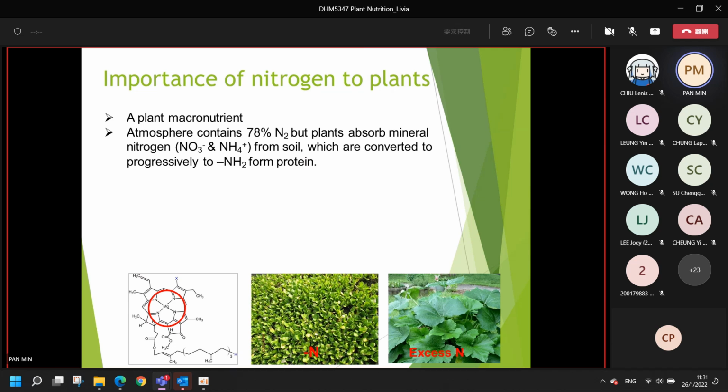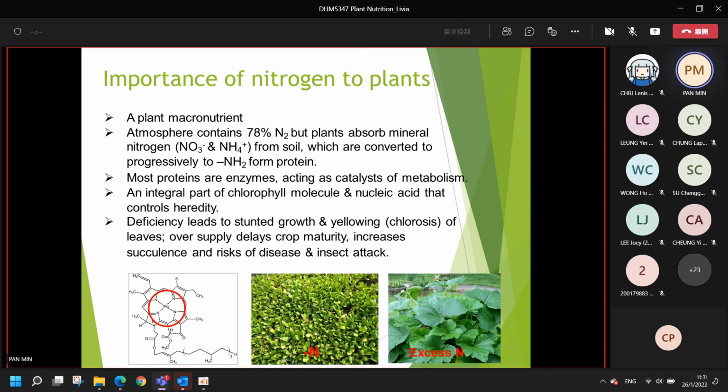Most proteins are enzymes acting as catalysts of metabolism, and are integral parts of chlorophyll molecules and nucleic acids that control heredity in the plant.